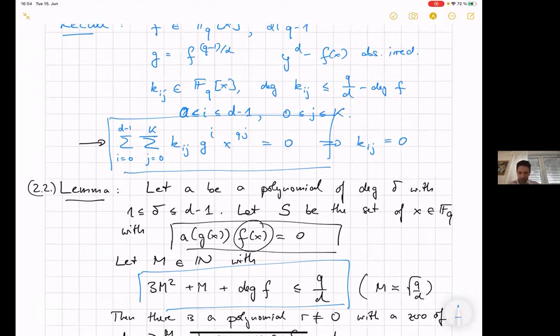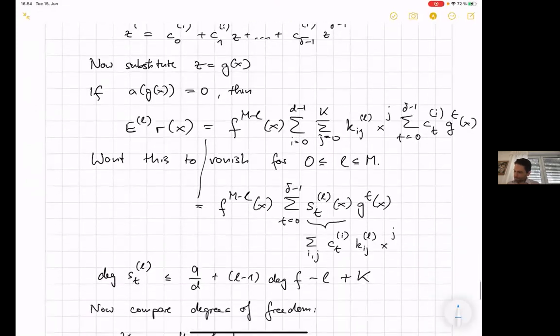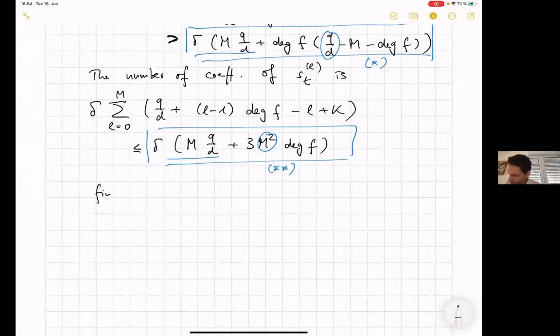So we can make sure that not all the Kij's are 0. So find a solution with not all Kij 0, and this implies that R is non-zero, and it has the correct degree, it has the correct zeros, and it's not the 0 polynomial. So that's it.